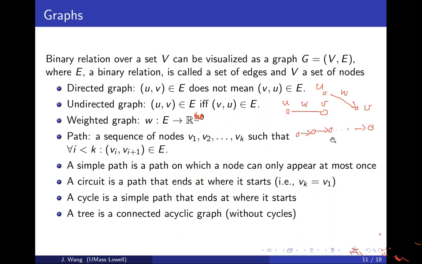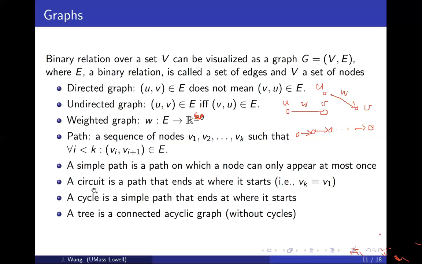In this path, the same vertex can appear multiple times, but it's still a path. Like you may have, for instance, this one and that one would be the same. If we don't allow vertices to repeat on the path, then we have a name for it, which is a simple path. So a simple path is a path on which a node can only appear at most once.